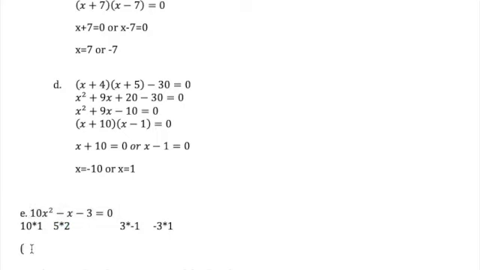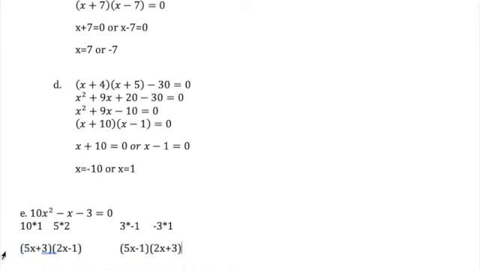So I'm going to think like a 5x plus 3, and then 2x minus 1 is one option. The next option is going to be 5x minus 1, and then 2x plus 3, and then just flip-flopping the signs of all that.